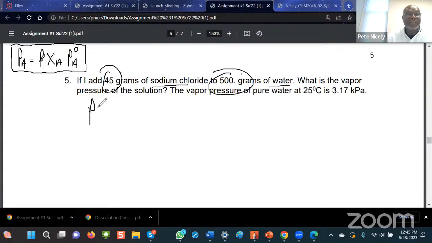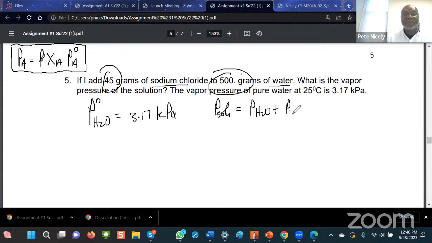So the first thing I'm going to write down here is that the vapor pressure of pure water is equal to 3.17 kilopascals, all right? And the question is asking for the vapor pressure of the solution. Now, the vapor pressure of the solution, let me help you out here, will be equal to the vapor pressure of pure water plus the vapor pressure of sodium chloride, right?